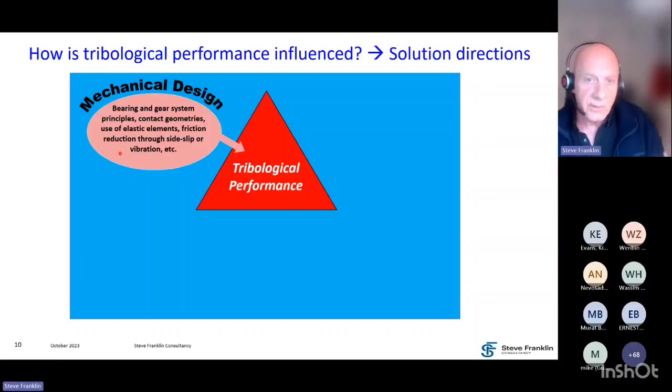So we can talk about bearings and gear system principles, contact geometries to influence the contact mechanics at the contact between two surfaces. We can use elastic elements, or we can use some tricks like side slip to reduce friction, or vibration to reduce friction. Those will influence the tribological performance.